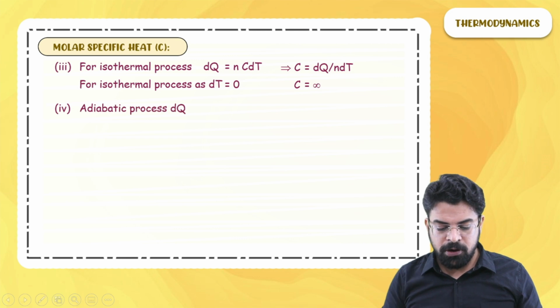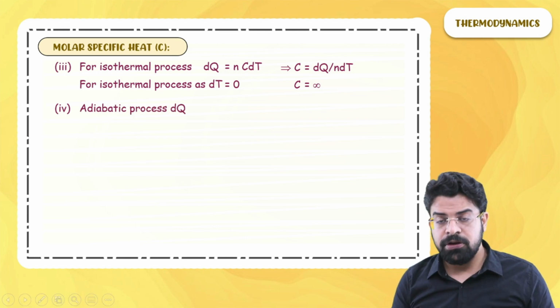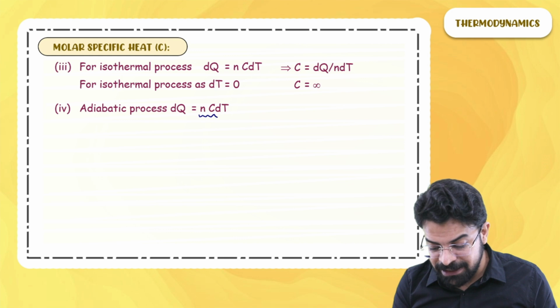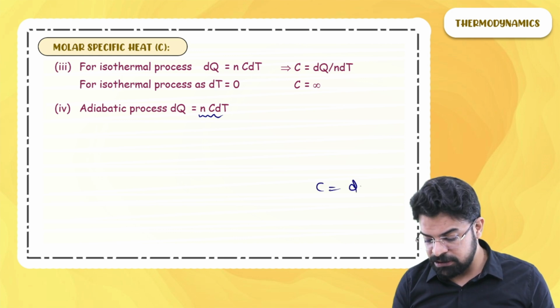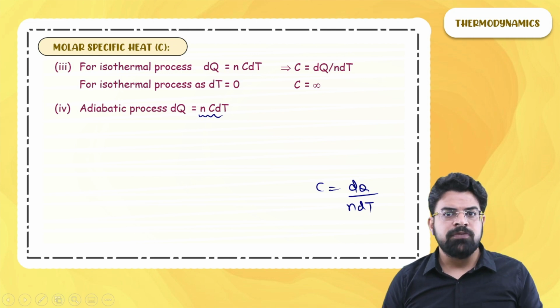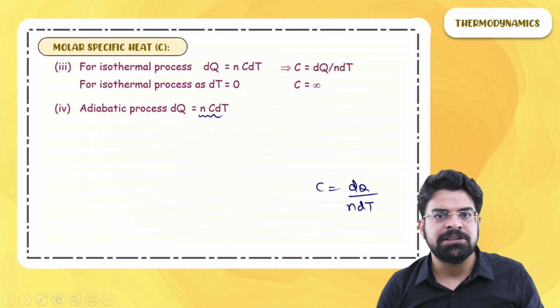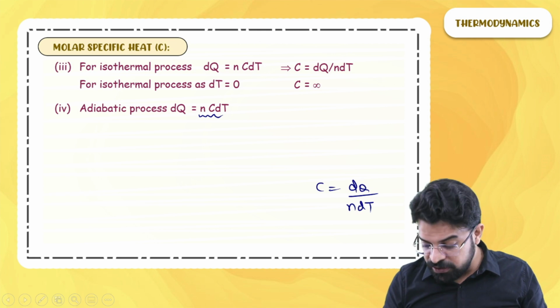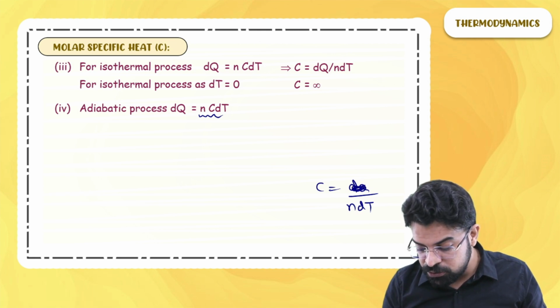Now let's talk about adiabatic process. Again, you know that dQ can be written as n C dT, so C can be written as dQ by n dT. For an adiabatic process, what is so special? There is no heat exchange. So dQ, this numerator, becomes 0.